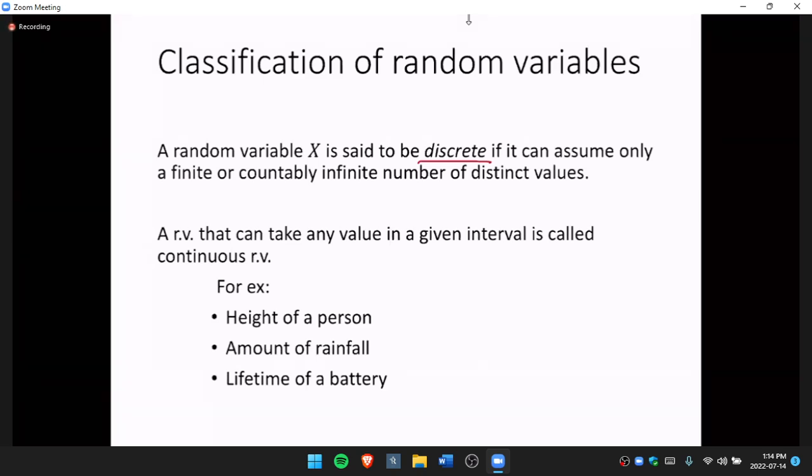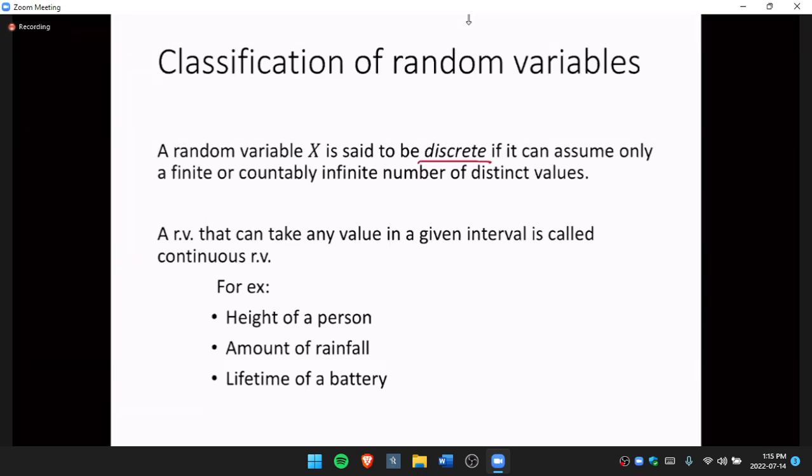Let's do that part later. For now, remember, we are going to define a random variable and find the probability function for a quantitative random variable. That's why we classify our random variables into two parts: discrete random variable and continuous random variable.